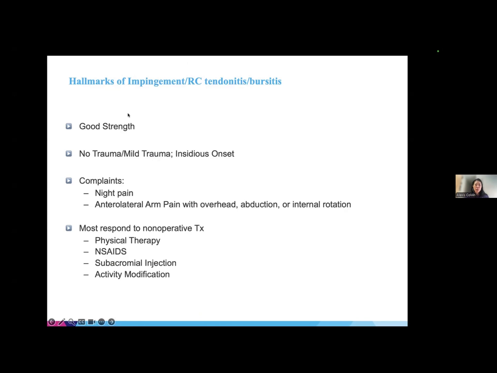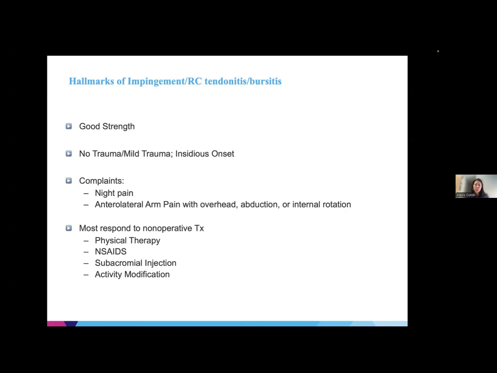When you check their strength, the strength to me is probably one of the most important things. Sometimes it can be hard to tell, like if they have pain, that can limit the strength testing. But strength is something you want to make sure you're checking on your exam. And then in terms of other complaints, the position of the arm that's going to cause pain will usually be if it's away from the body. Again, everything where the elbow is away from the body is also moving the shoulder away from the body.